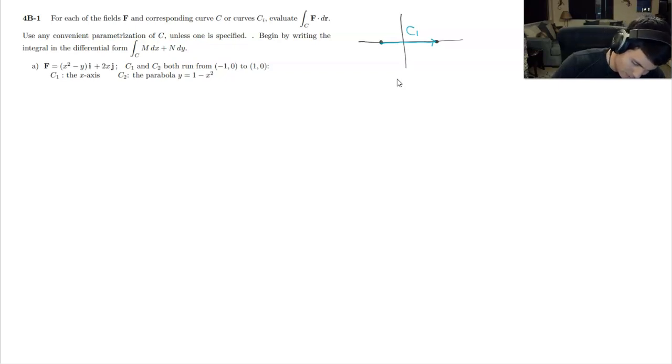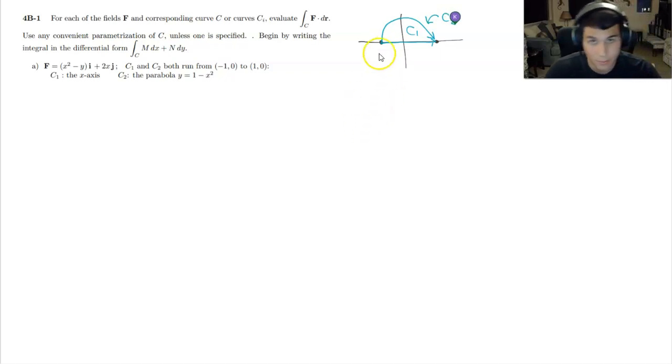Y equals 1 minus x squared. This is C2, right? Remember, if it's a negative x squared, it is concave down. And the plus 1 means it's shifted up 1. Okay. So we have C1 and C2, and those are two paths.